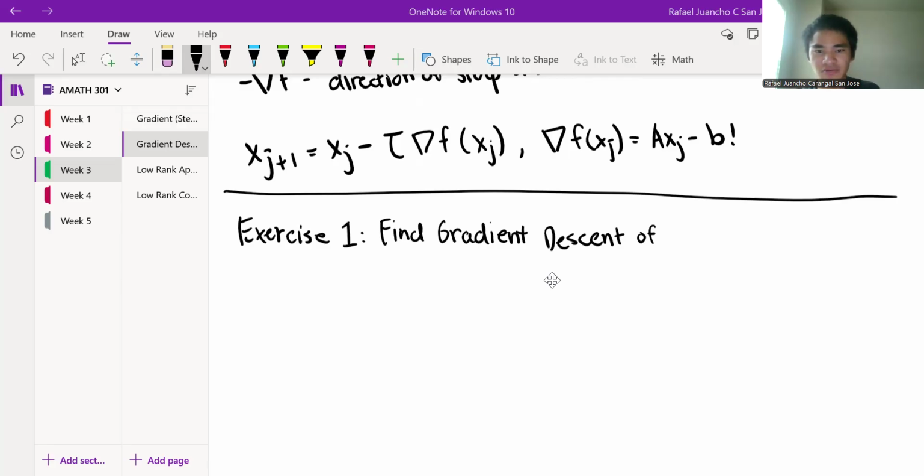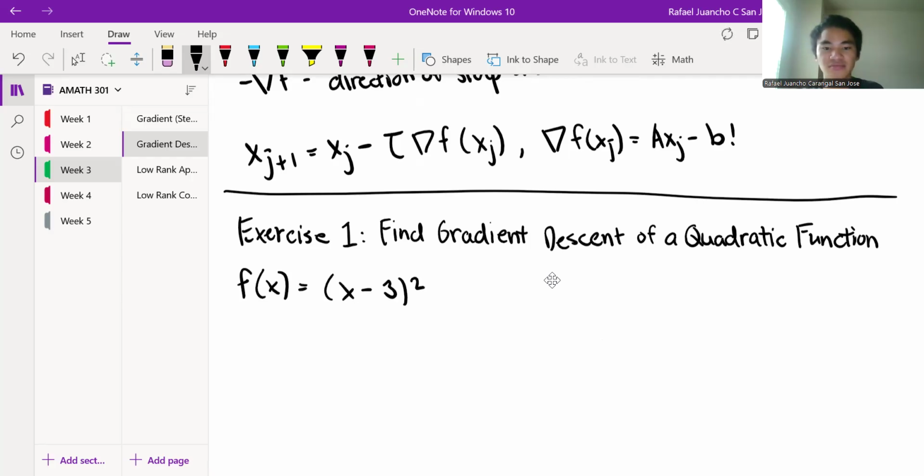So here in this case, I want to find the gradient descent, let's say, of a simple quadratic function. How about that?